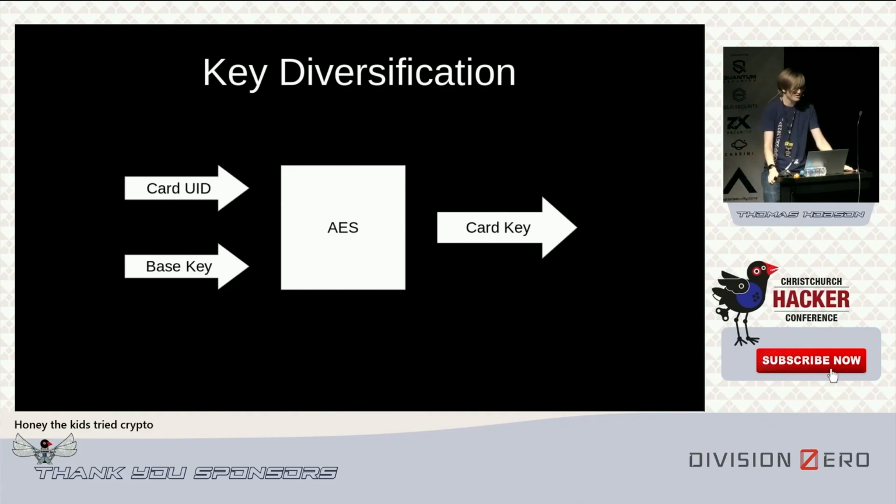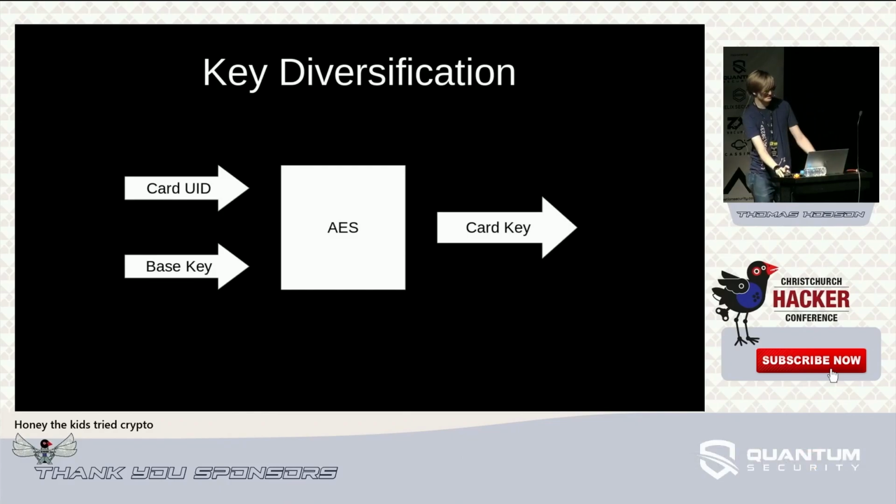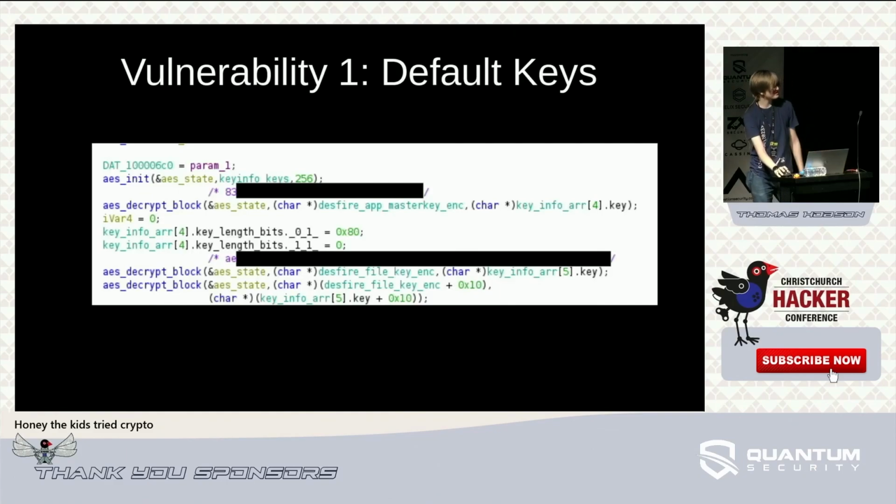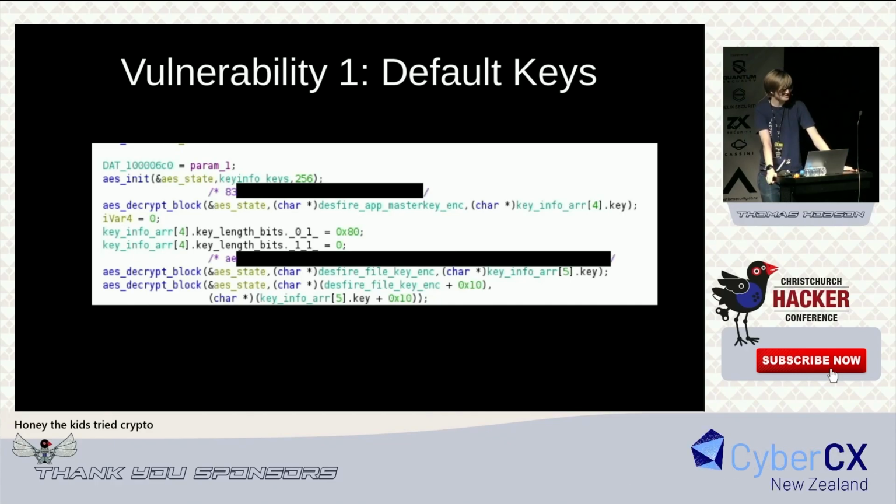But the one problem we've got is this base key. Where does it come from? This is where we lead into our first issue with the system, or vulnerability, where these keys are just held in the firmware. This is an excerpt from the Ghidra decompilation I went through, long and tedious, and those are redacted encryption keys.